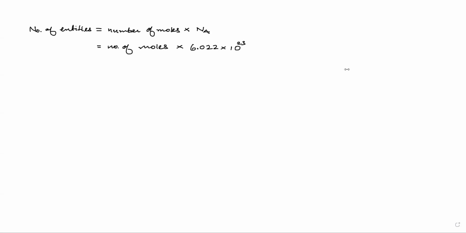Now, using the same thing, a number of entities means that it can be either molecules or it can also be atoms, etc. So please calculate.